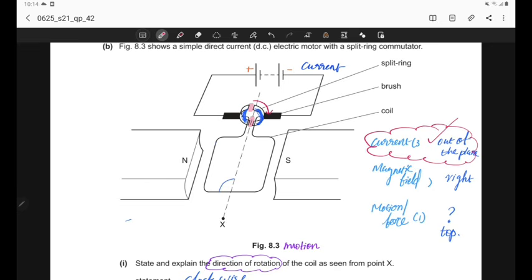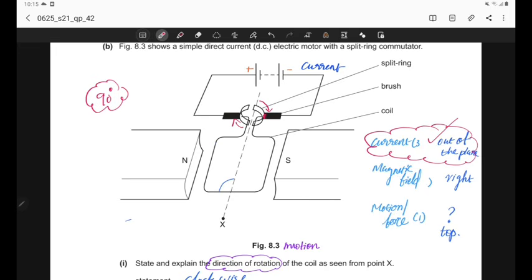So when this coil rotates 90 degrees, these gaps will come next to the brushes. So the gaps position will be here. So it will exactly move to this position, that is 1/4 of a cycle. So in the place next to the brush, the commutator's gap will come.